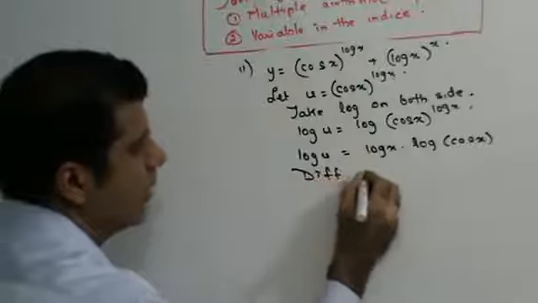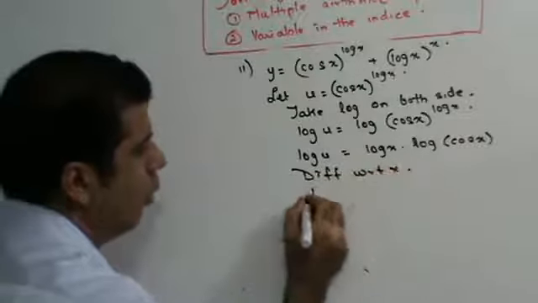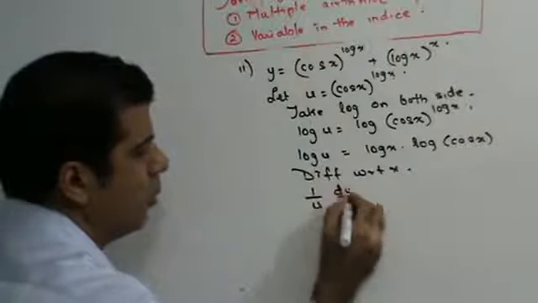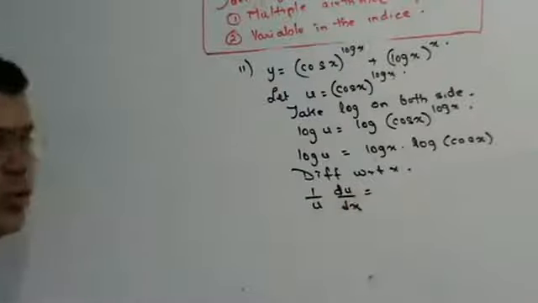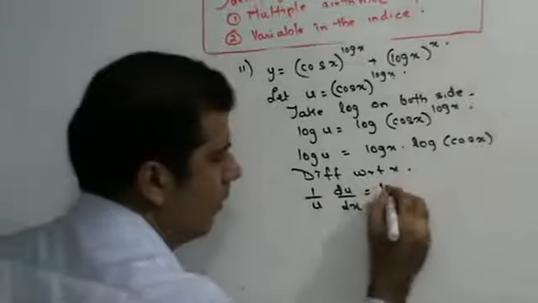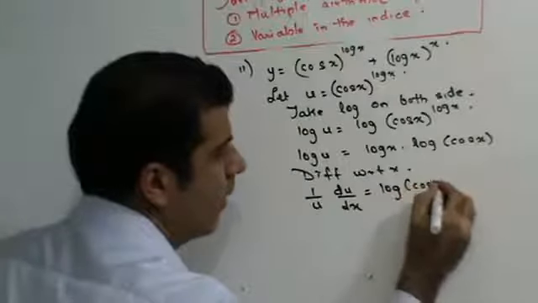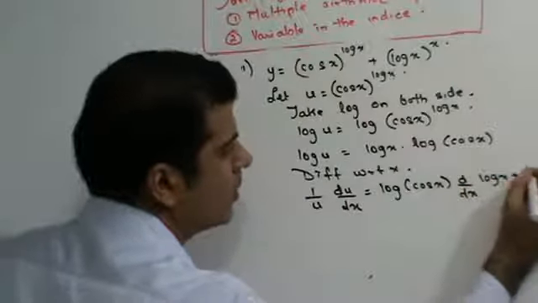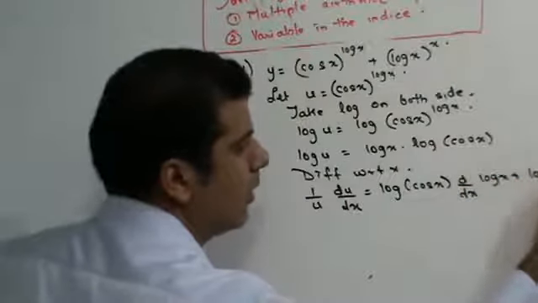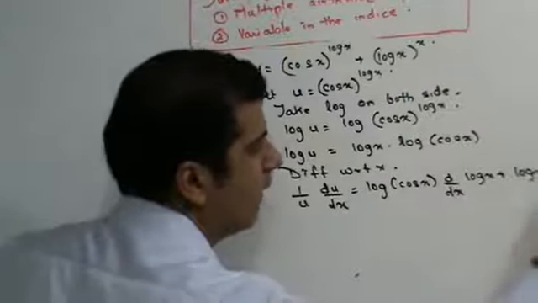Differentiate with respect to x. Log u is 1 upon u d by dx of u. Multiplication, uv formula. V derivative of u plus u derivative of v.